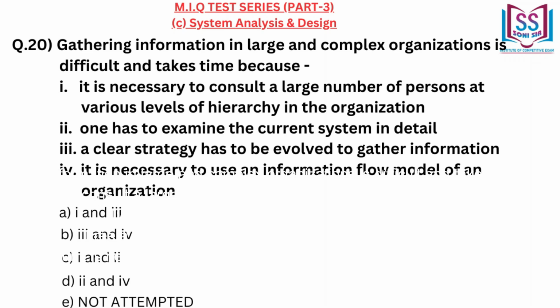Gathering information in large and complex organizations is difficult and takes time because 1. It is necessary to consult a large number of persons at various levels of hierarchy in the organization. 2. One has to examine the current system in detail. 3. A clear strategy has to be evolved to gather information. 4.